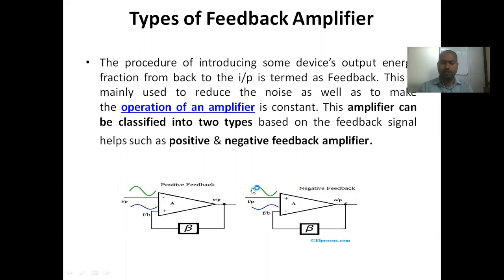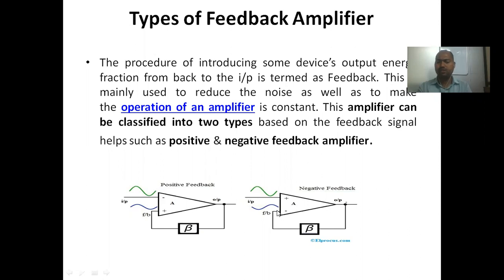Consider the input as a sine wave, and whatever the output coming is a cos wave, right? So sine wave and cos wave have 180 degree phase shift. When the phase shift between input signal and output signal is equal to 180 degree, then that type of feedback is called negative feedback.